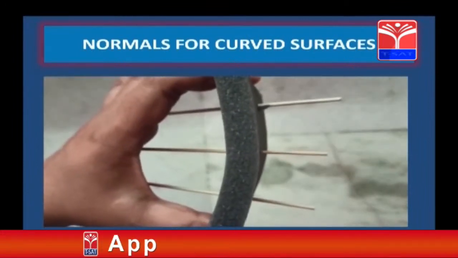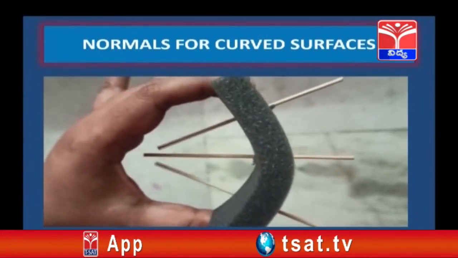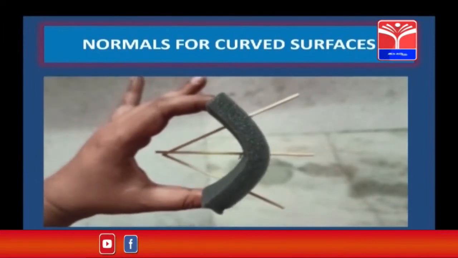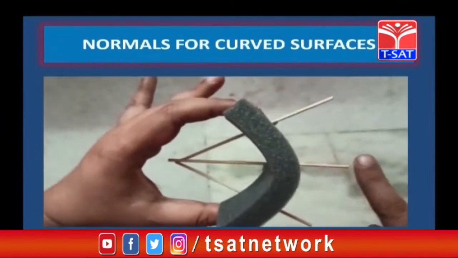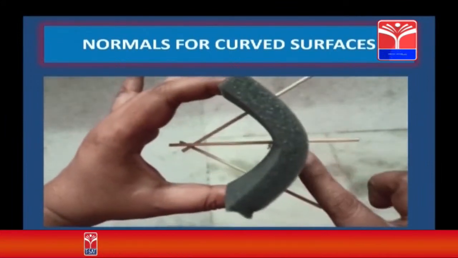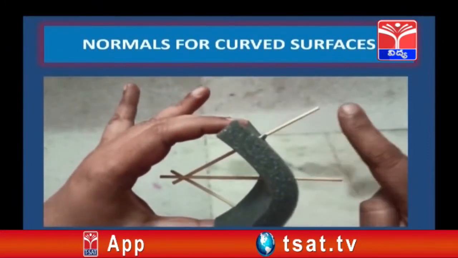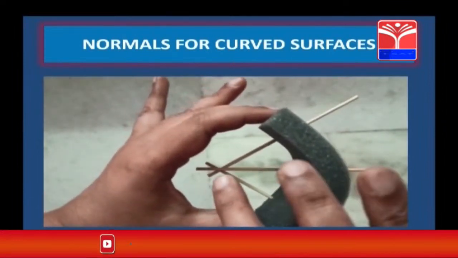Now, what happens if we bend this backwards? Observe, children. What is happening to the normals? They are going away from each other. Yes, they are diverging from each other. They can't meet anywhere. But observe the back side.